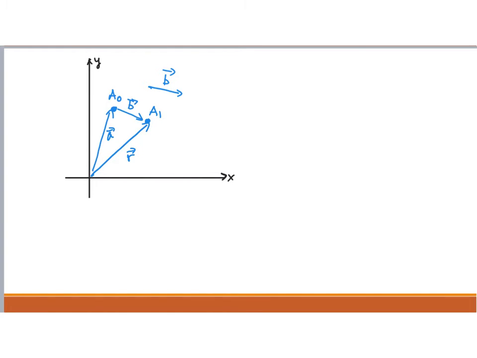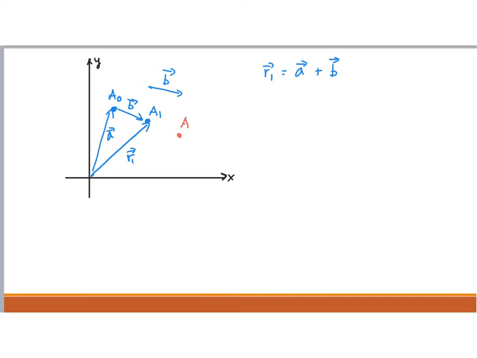So after 1 minute, I'm going to call this r1. r1 is equal to a plus b. Now let's say that after 2 minutes the vector is here.